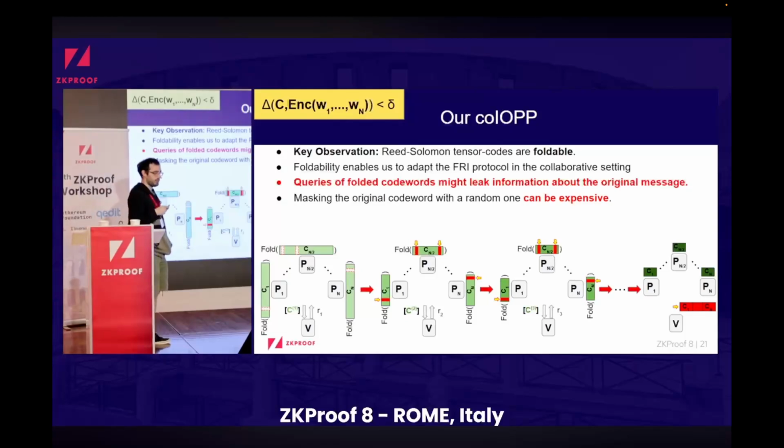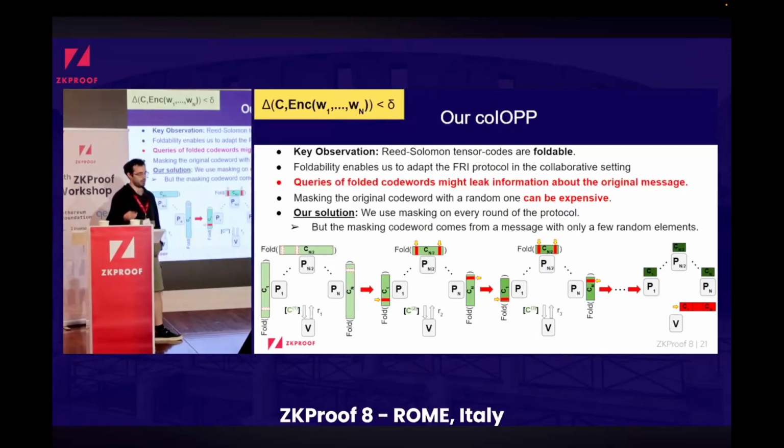However, this would be very expensive because now the provers would have to collaborate in order to generate a random message that has the same size as the original message. And this would blow up the communication cost to be proportional to the input size.